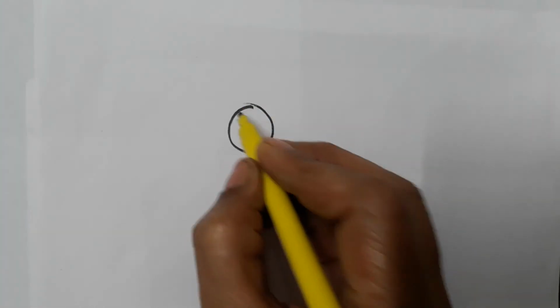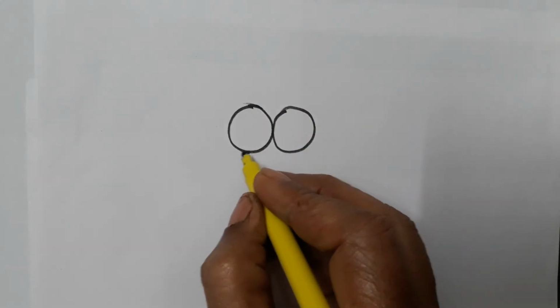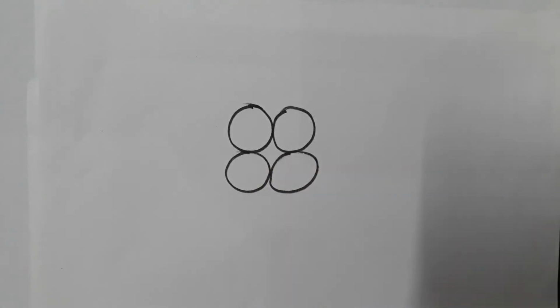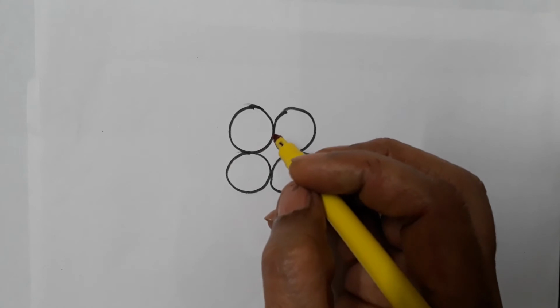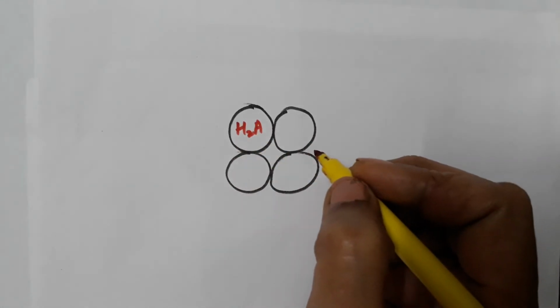Now let us see how exactly these histone proteins are arranged and how DNA is wrapped around. We are talking about the histone octamer, which is made up of 8 protein molecules. Suppose this is H2A, one molecule of H2A.